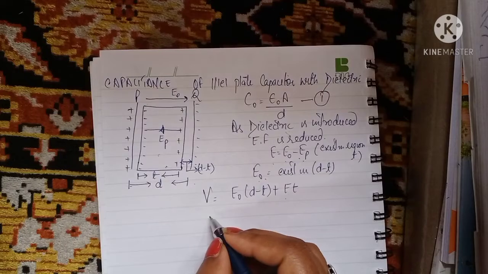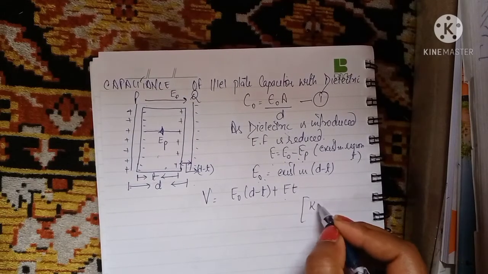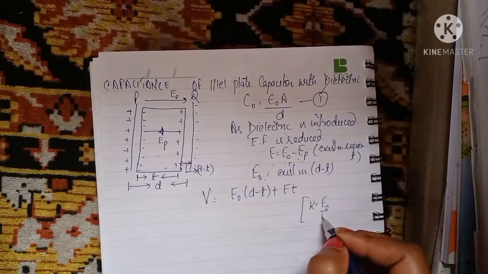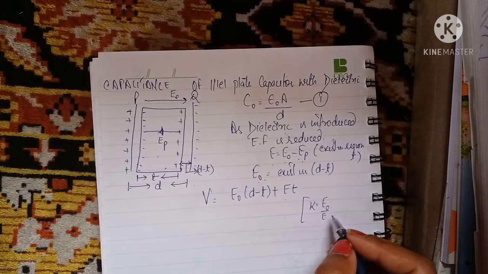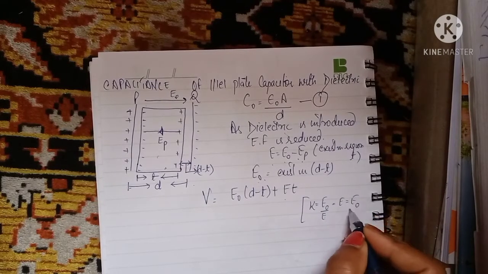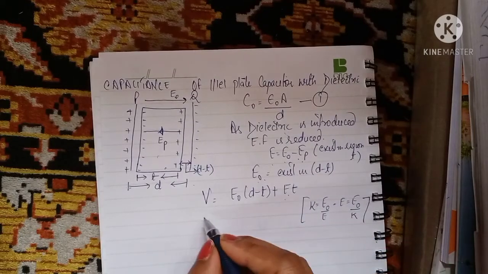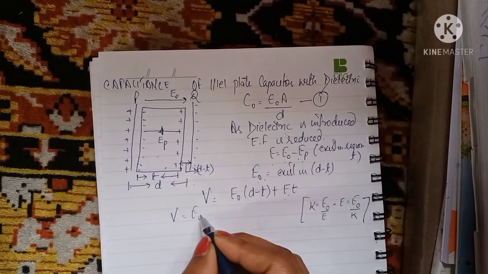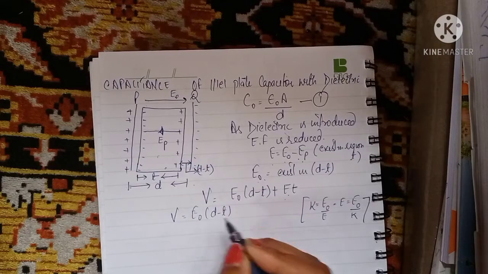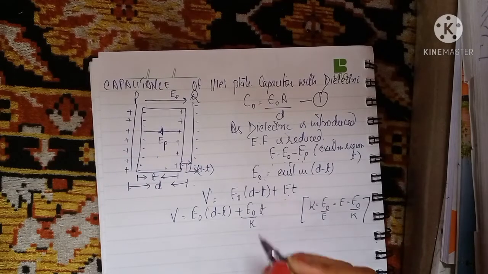As we know, dielectric strength is E naught upon E, so from here E will be equal to E naught by K. We just put this value here. So V is equal to E naught (D minus T) plus E naught by K times T.